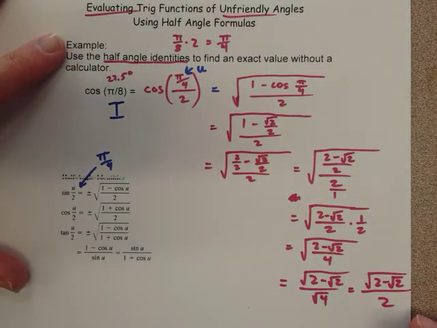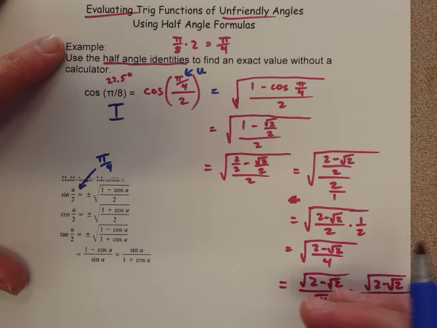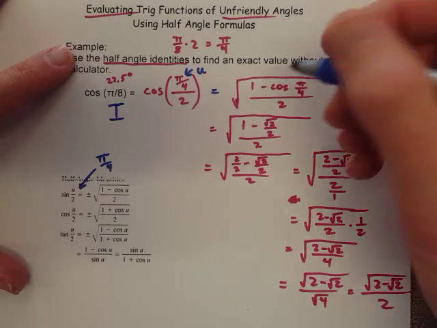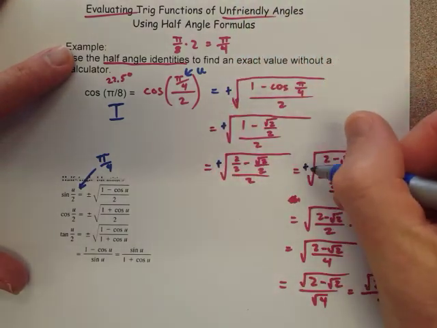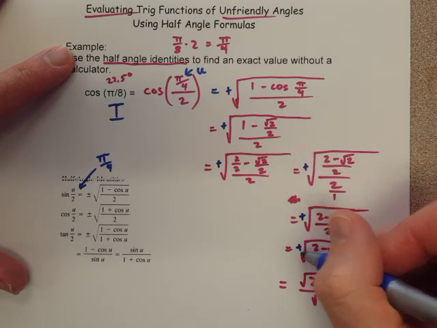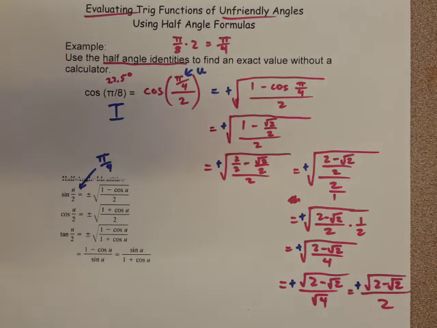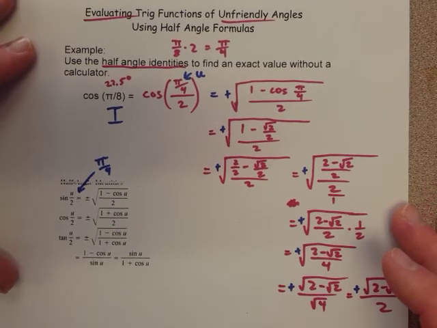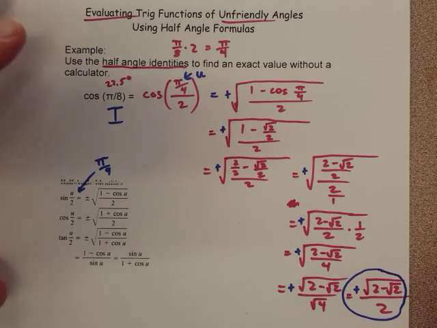In quadrant 1, all of the trig functions are positive, so we can retroactively say these are all the positive version. I'm going to put the plus in here to emphasize that that's the one it is. You certainly won't have to put the plus in there if you're doing this problem on your own, but it emphasizes it. And this is what we want as far as an exact answer.